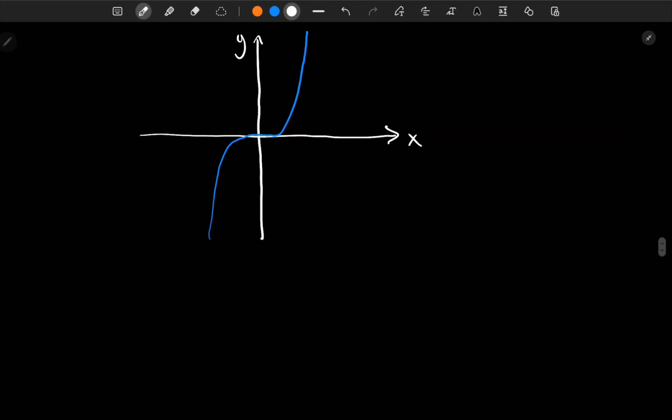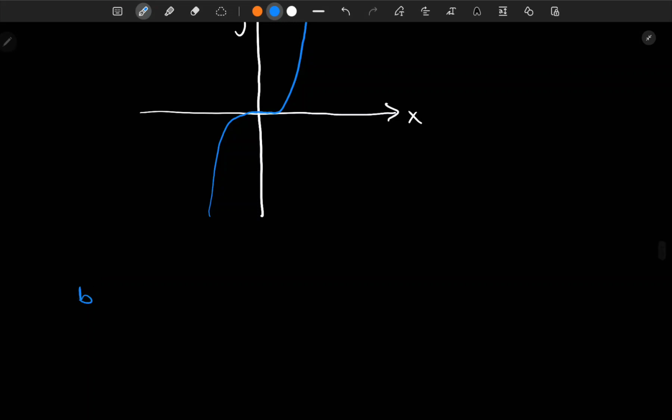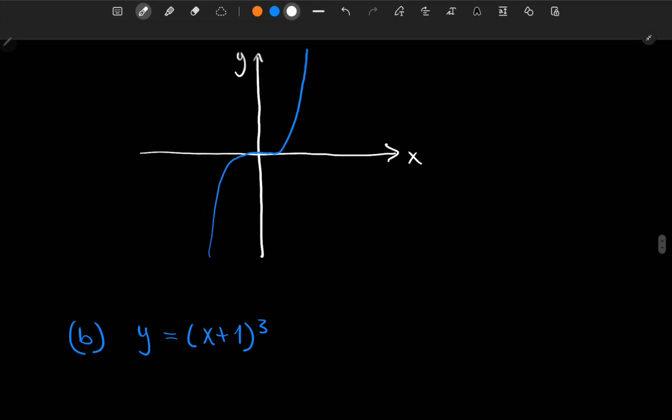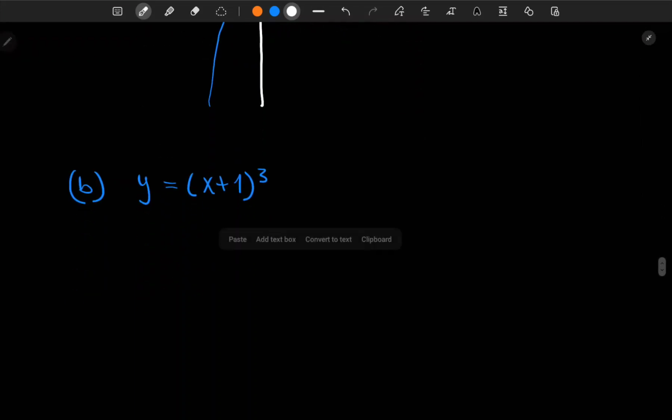Next, let's consider the plot of y equal to (x plus 1) cubed. So this is going to act just like x cubed, except there's now a horizontal shift in the plot.